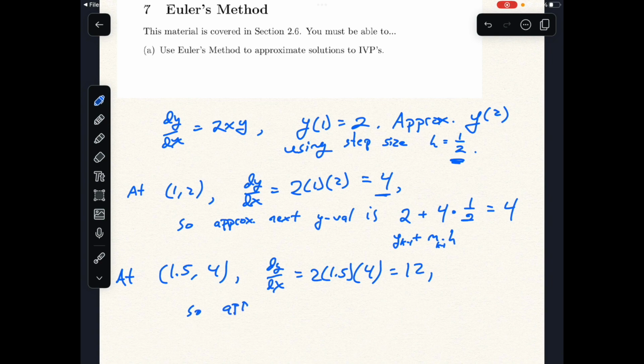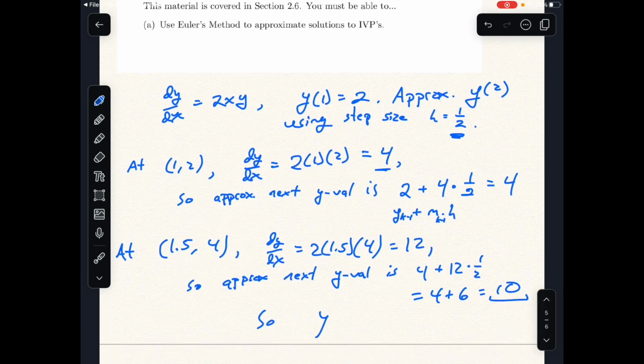And so our approximate next y value is previous y value plus slope times step size. So that's 4 plus 6, so roughly 10. Okay, so that would tell you that y of 2 is roughly equal to 10.